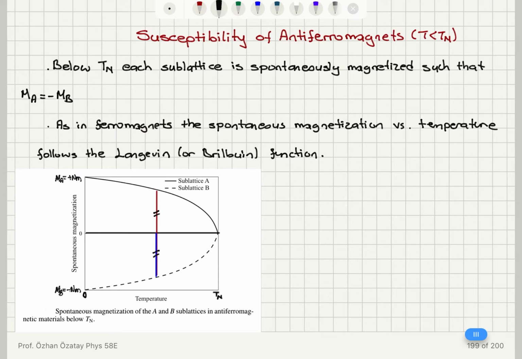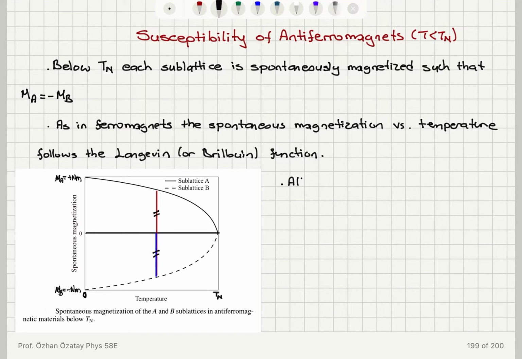Now, when we apply a magnetic field below the Néel temperature, even though the magnetization is 0, there will be a measurable magnetization in the direction of the field.